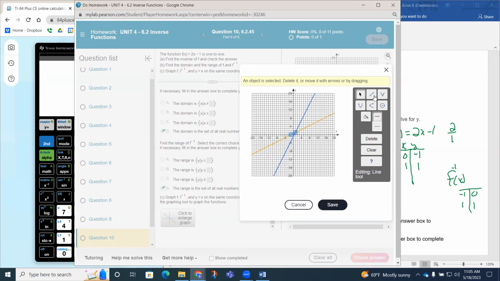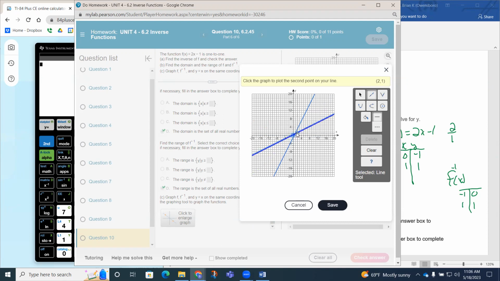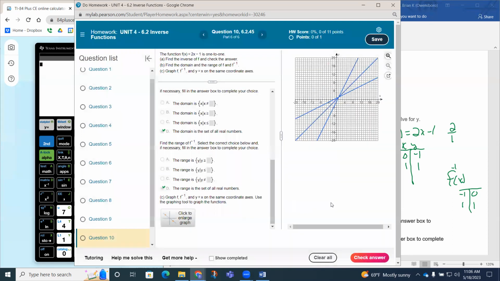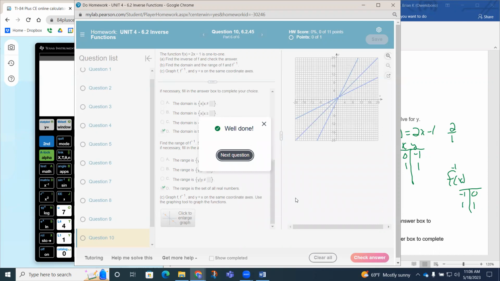And then the third line, 0, 0 is what I was wanting to use, and instead of 1, 1, let's just use 2, 2. That seems to be doing better for us. So hit save there and check. It does give us the correct answer. So that's kind of how you do the graph part. It's a little tricky.